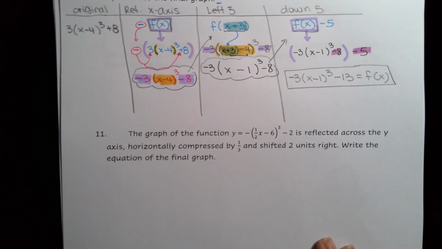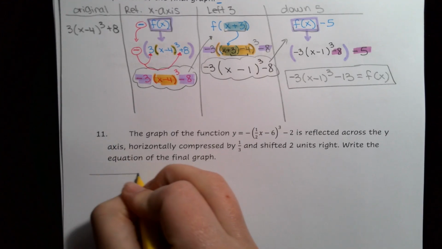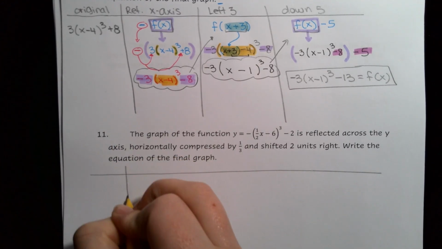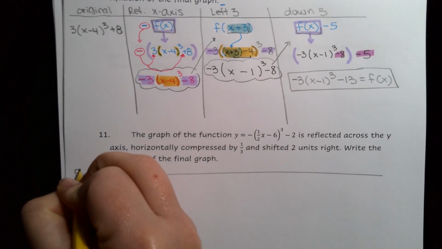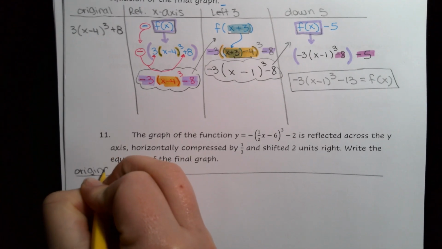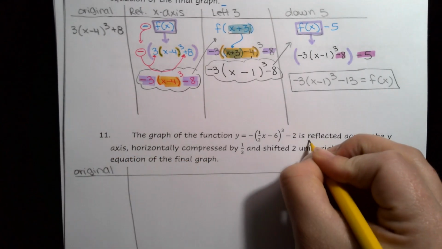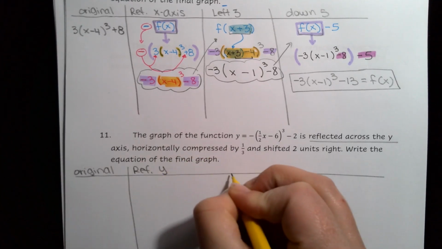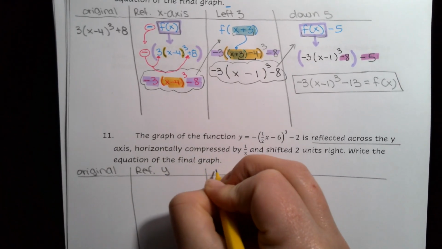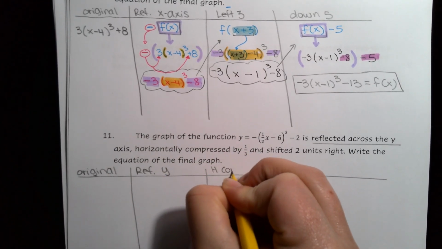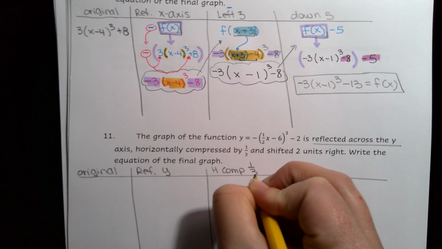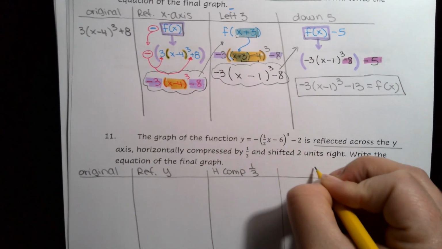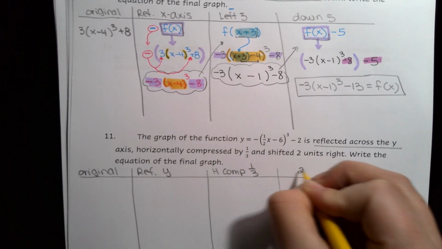Let's do this one. Again, similar steps. Let's start with our original. Then we have reflected across the y-axis, horizontally compressed by 1/3, and shifted 2 units right.